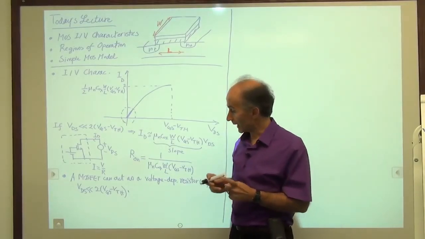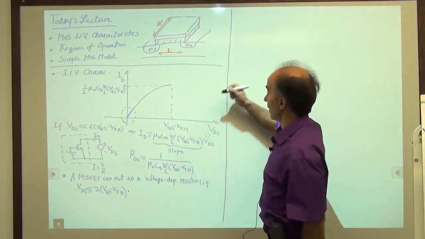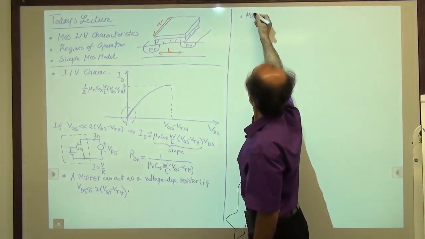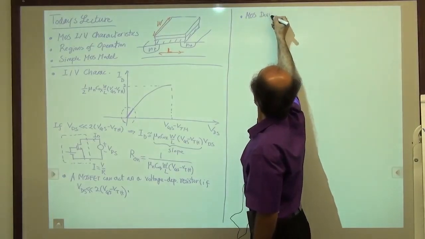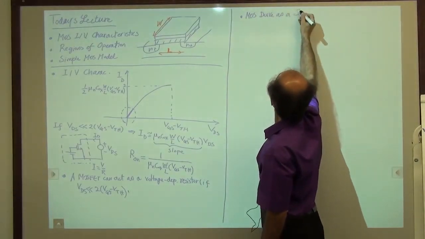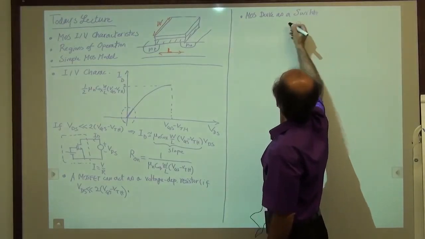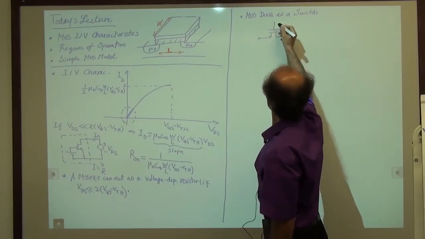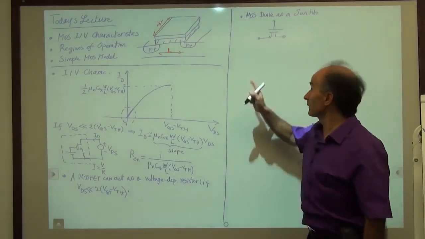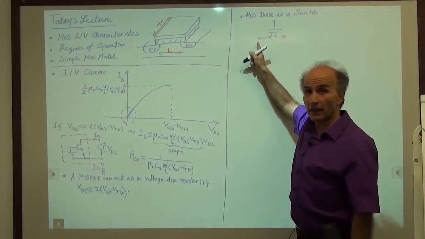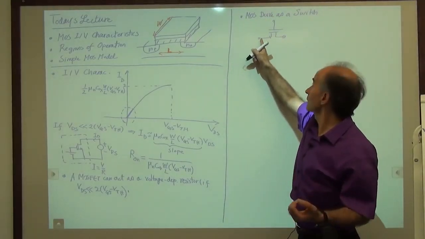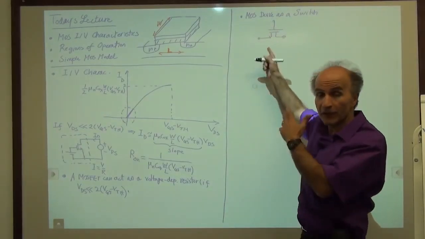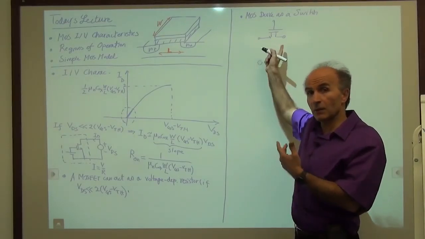Why? Because that tells me that if I draw this MOSFET in this form, so we're going to say MOS device as a switch. If I draw the MOSFET this way, what I can see is this. If the gate voltage is high enough, then I have some finite resistance between here and here, let's say 100 ohms. But if the gate voltage is low enough, the device turns off, I have infinite resistance between here and here.